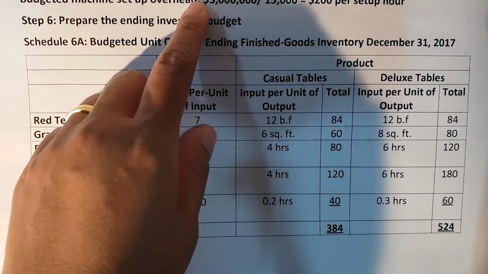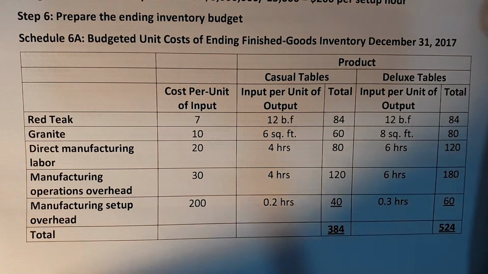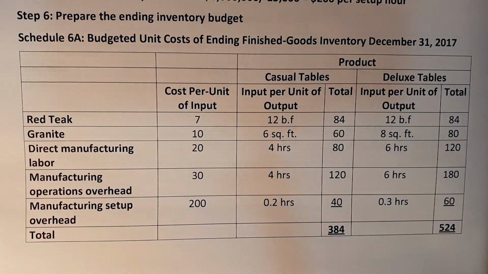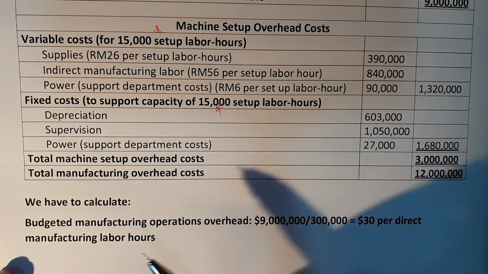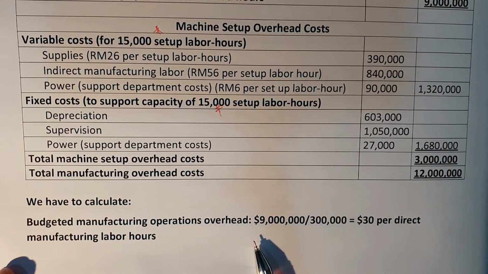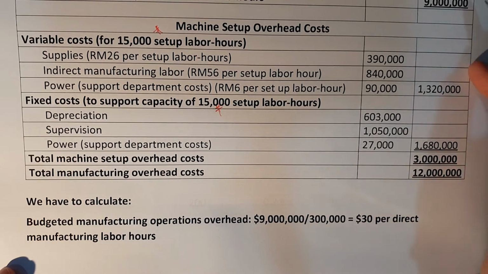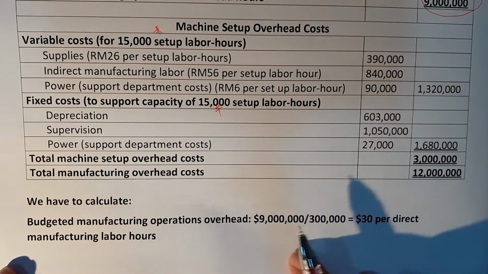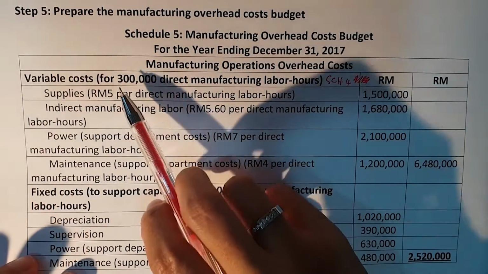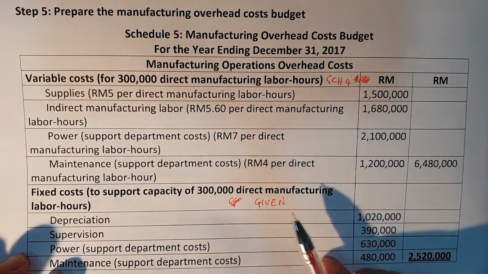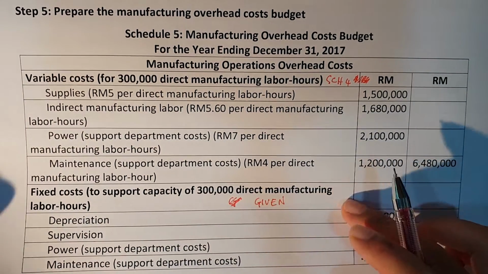We need to use this information in our other schedules eventually. So for budgeted manufacturing operations overhead, we take the total manufacturing operation overhead, 9 million, and divide by 300,000 direct manufacturing labor hours, our capacity.